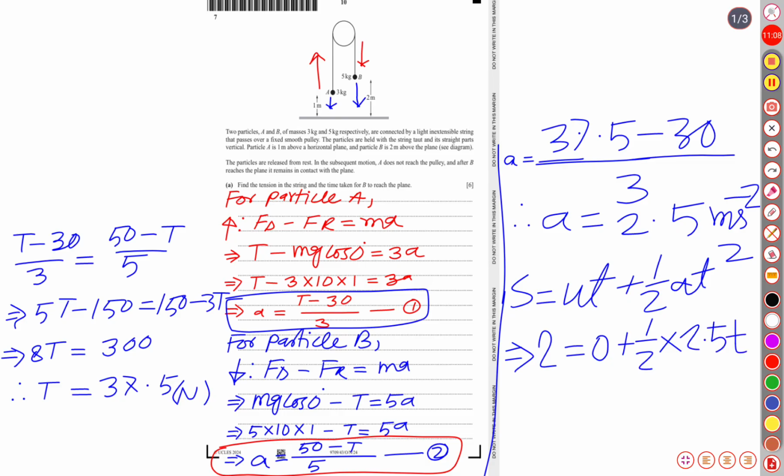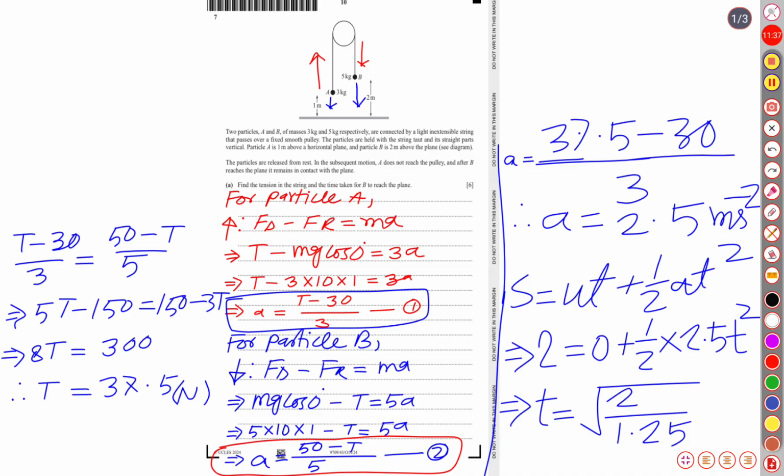As we are to find t as the subject, t squared is 2 over half of 2.5, and half of 2.5 is 1.25.